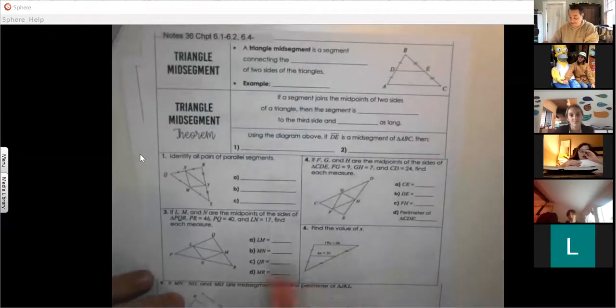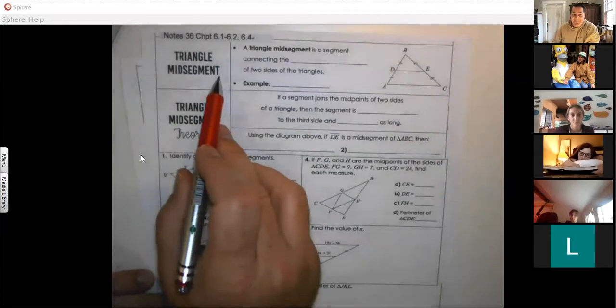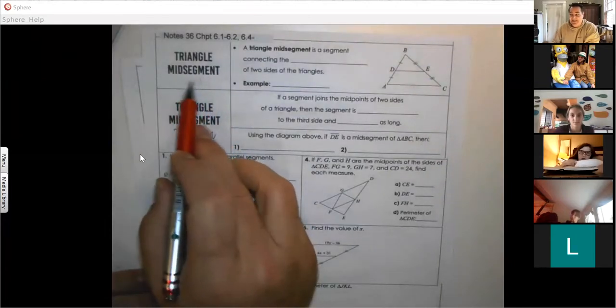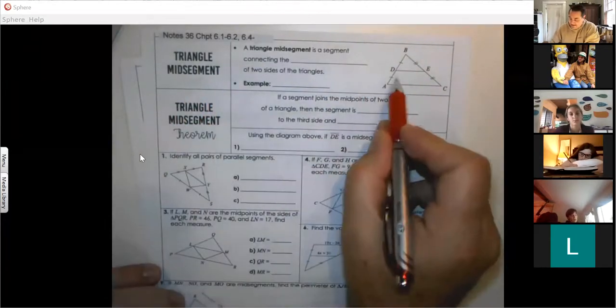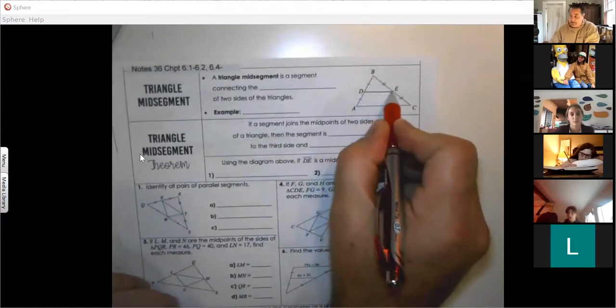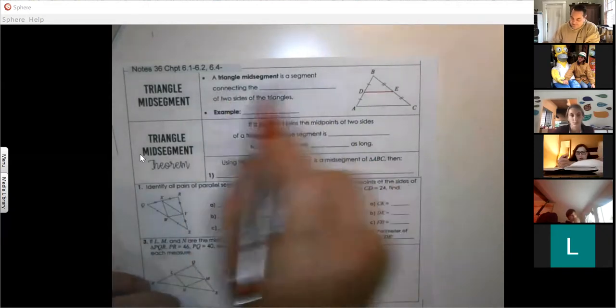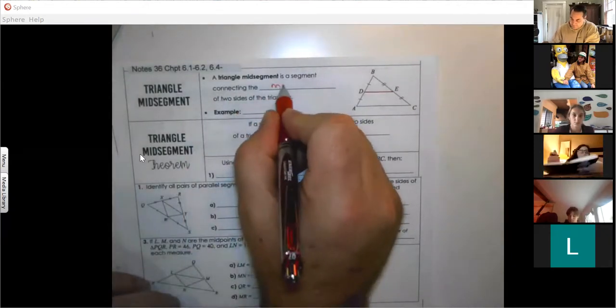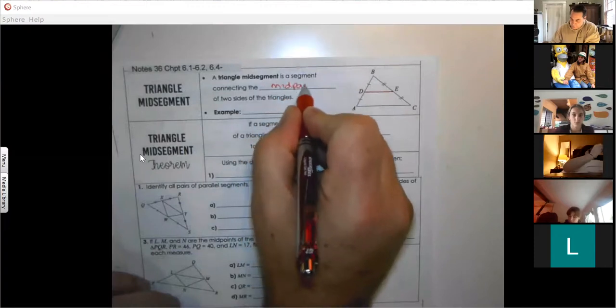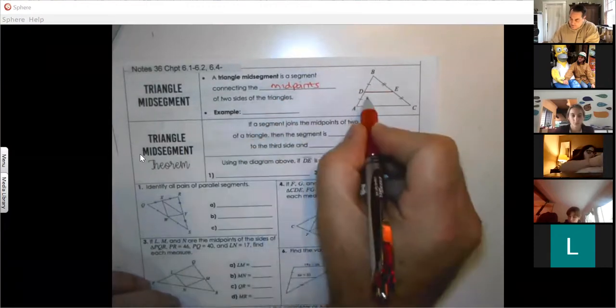So I use this story to explain that sometimes the name is exactly as you expect. For example, a triangle mid-segment is simply a segment that is in the middle of the triangle. But it's very specific in terms of how it's the middle. A triangle mid-segment is a segment connecting the midpoints of two sides of a triangle.